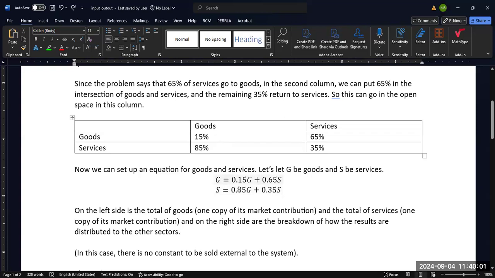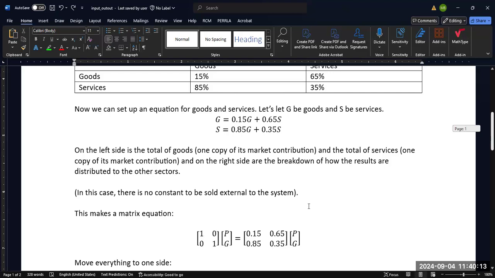So notice that this right side of the system of equations here are just the coefficients that we pulled out of our table. Now, in this case, again, we have no constant, so we can just go ahead and solve the system. Now, I'm not sure why these variables changed, but we'll fix them.